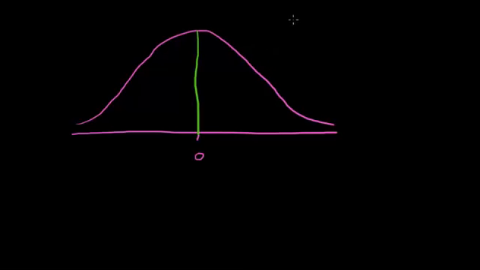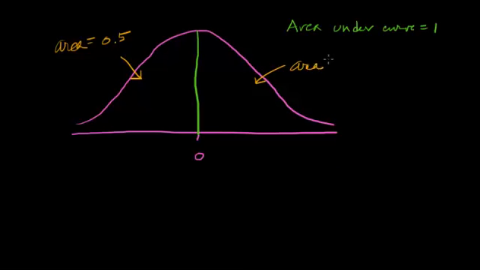So if the area under the curve is equal to 1, then I know that the area here must equal 0.5 because we said it's symmetrical. So half of the area is over here and half of the area is on the other side of the mean. And what that just tells us is there's a 50% probability, or a 0.5 probability, that we get a value above the mean and a 0.5 probability that we get a value below the mean. And that should make sense.